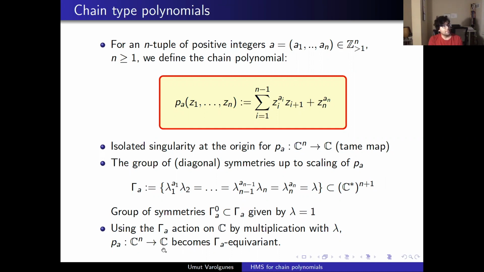And I think of the lambda action as given by just multiplying with lambda on the base, then this map becomes gamma A equivariant. So if I act on Cn by one of these diagonal matrices, then it just rotates and scales the base. I can compensate. That's how I like to think about this.